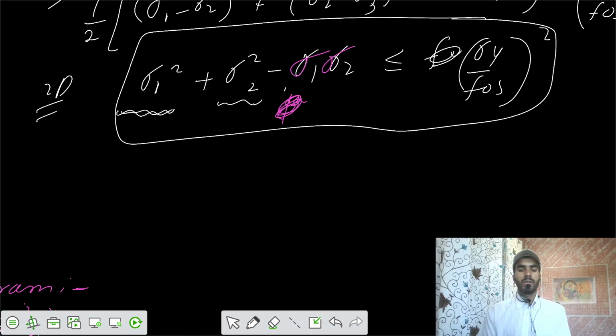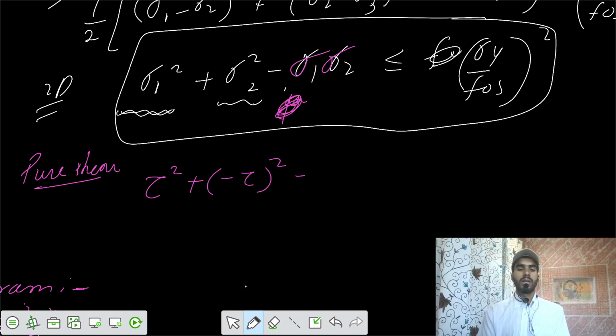If we talk about pure shear case, substitute the values: this is sigma square and this is minus sigma whole square, and this one is tau into tau minus tau. Then we write it should be less than or equal to sigma y, and you get a value of tau allowable.